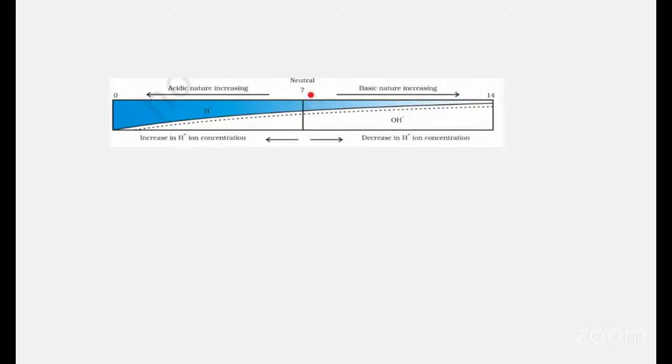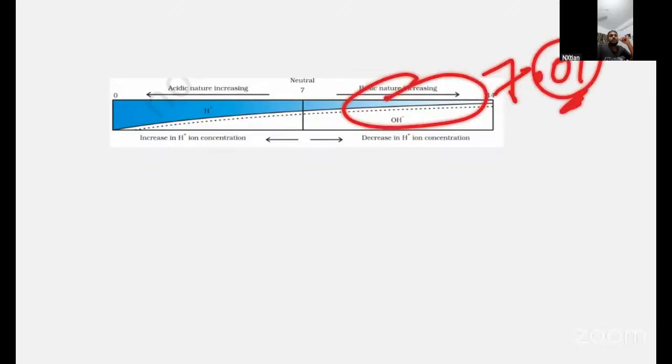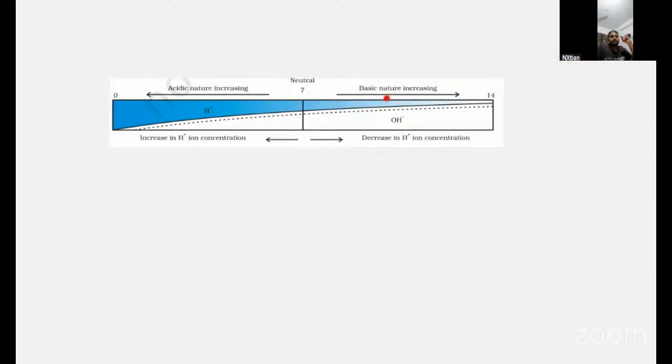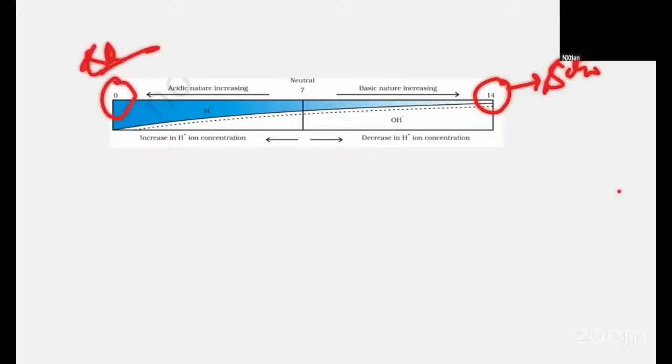Very, very close to 7, still, if you are getting 7.1, then also you will get basic. If you are getting 7.01, that 01 also counts as basic because you have now shifted to 7.01. Weak basic or strong basic? Weak, because this is the strong side. This is strong acid, this is strong base.